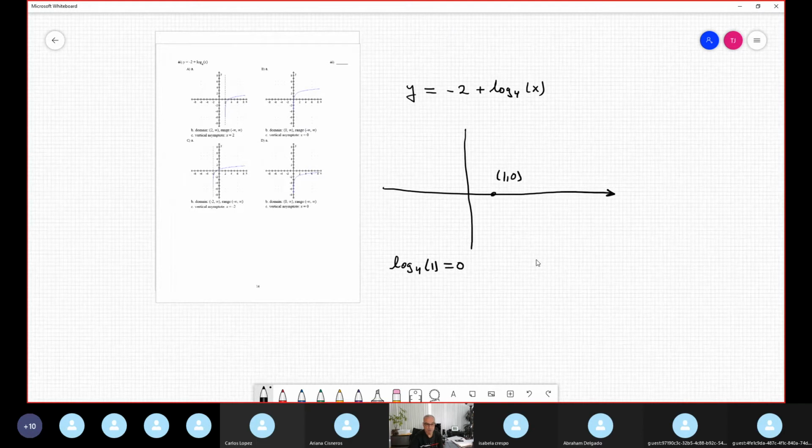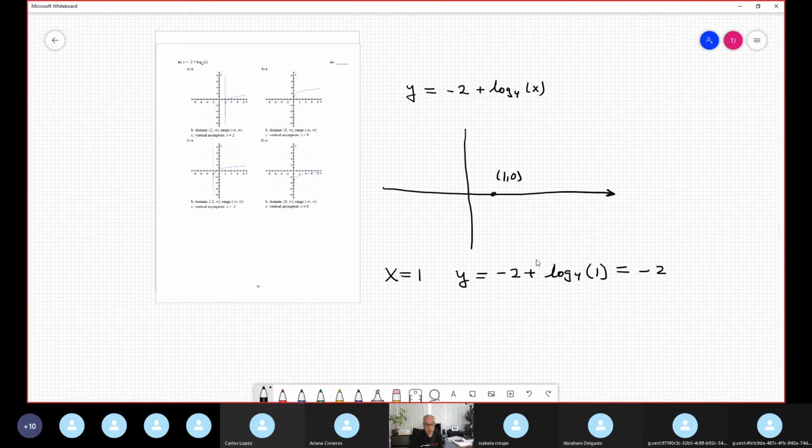Plug it in. Suppose x equals 1. y is equal to minus 2 plus logarithm base 4 of 1. I know very well that the logarithm of 1 is 0, so the answer is negative 2.